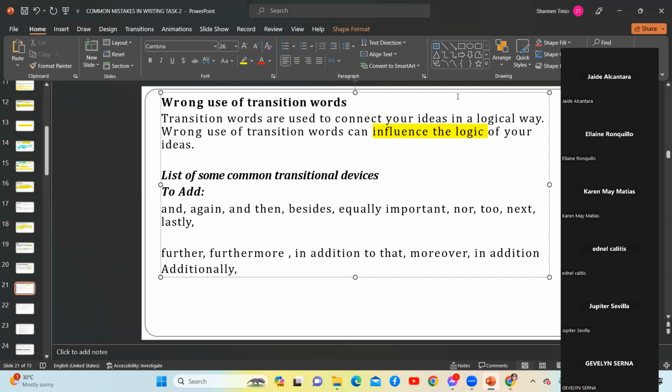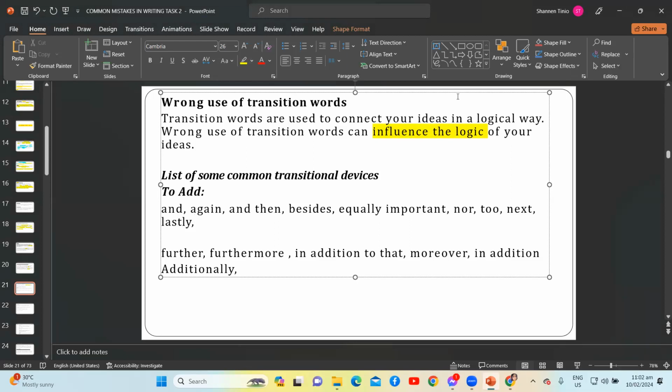List of some common transitional devices: and, again, then, besides, equally important, nor, to, next, lastly, further, furthermore, in addition to that, moreover, in addition, additionally. These are transitional devices that you could use in writing to make it sound more concise, more logical, and more coherent.